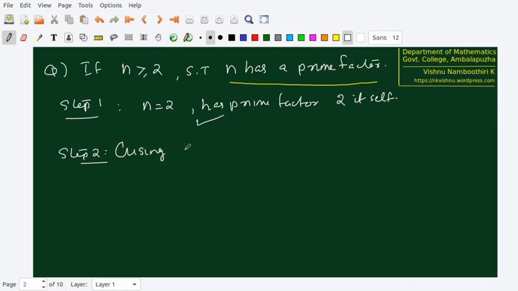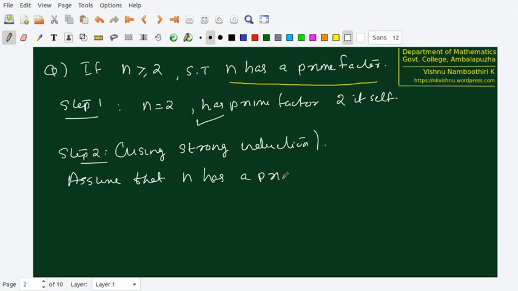So we are going to use strong induction. Assume that n has a prime factor for n equal to 2, etc. up to k.